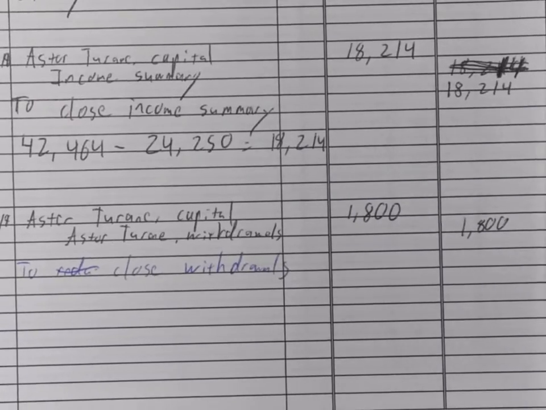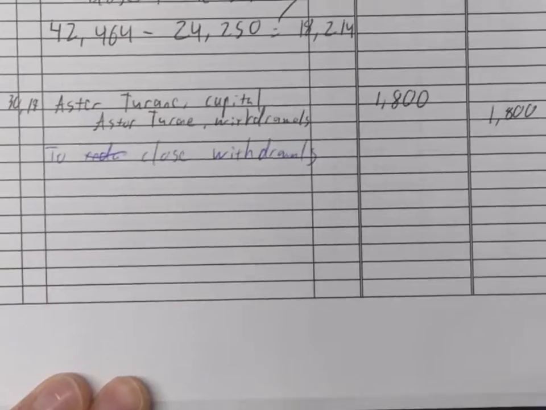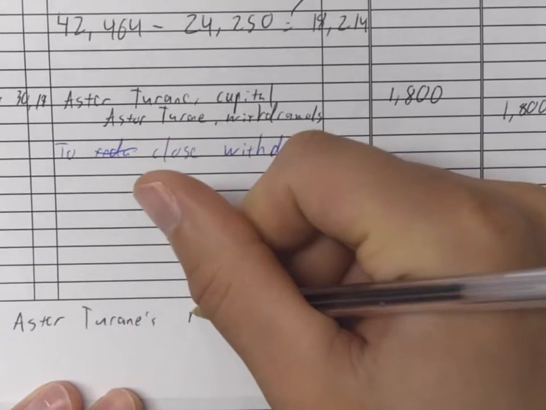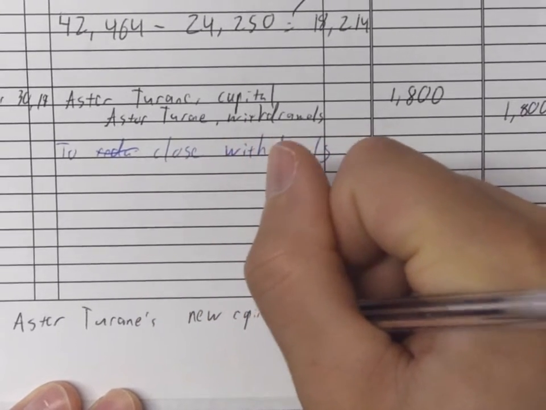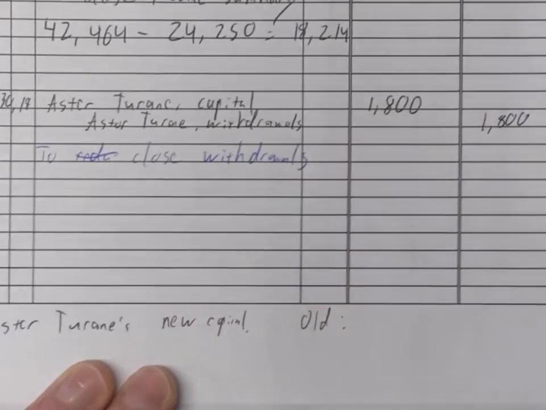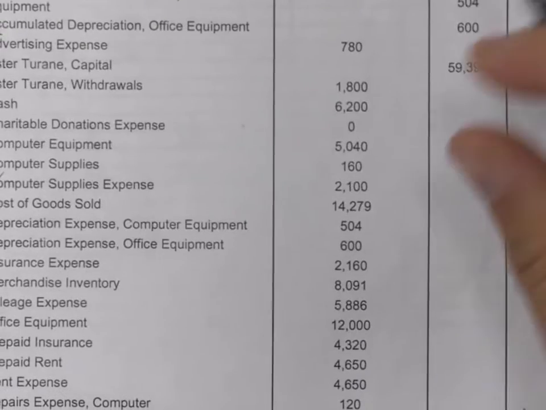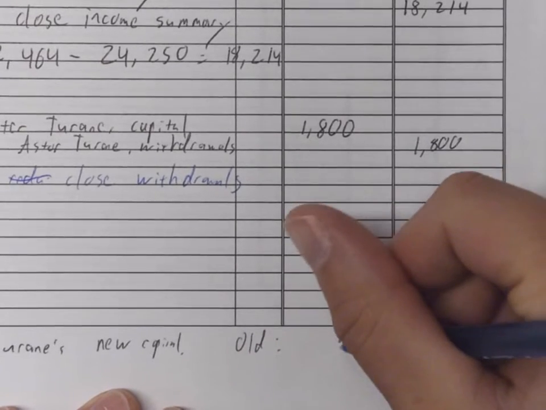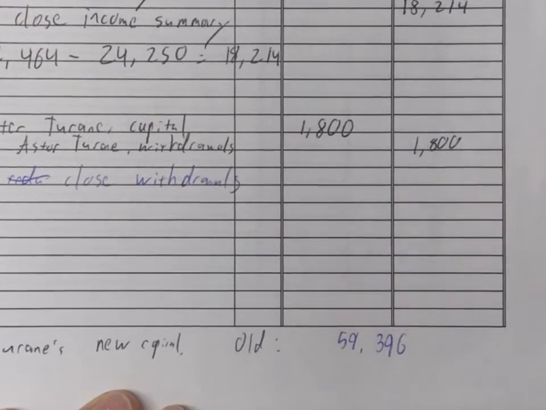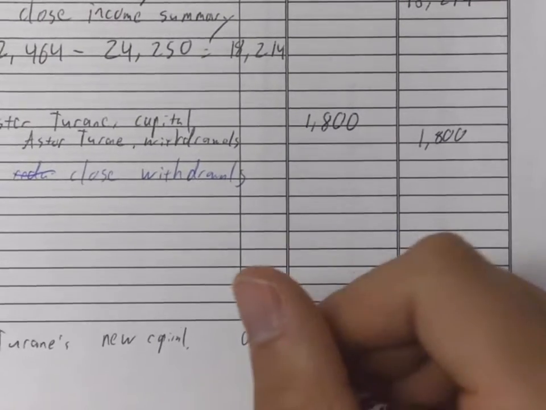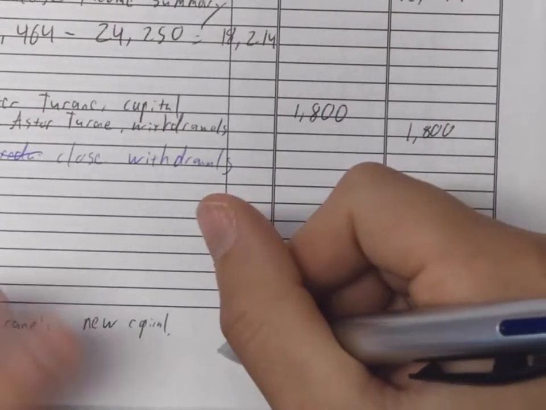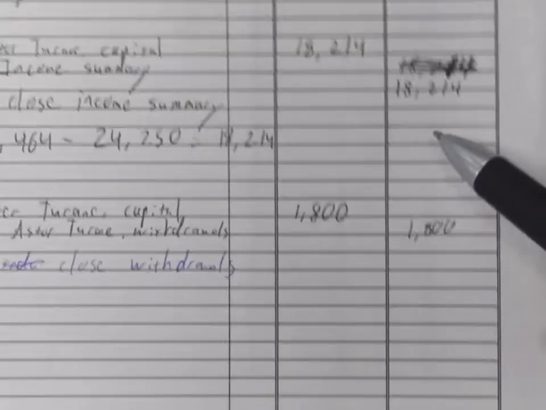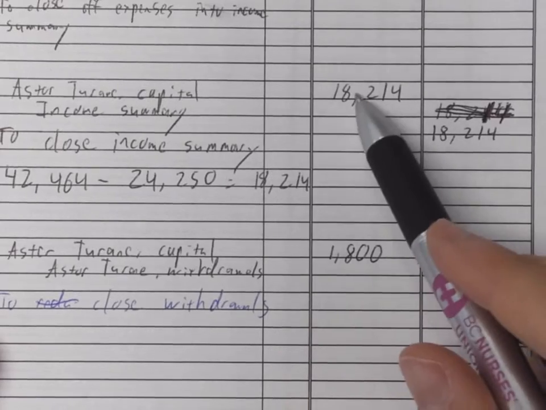So we have here, and I'm actually going to do some math here at the bottom of the page. Aster Terrain's new capital. So we have old. That was $59,396, which I just showed you right here. Then we had a loss, and that loss was, where am I looking here? This $18,214, that's what she lost.